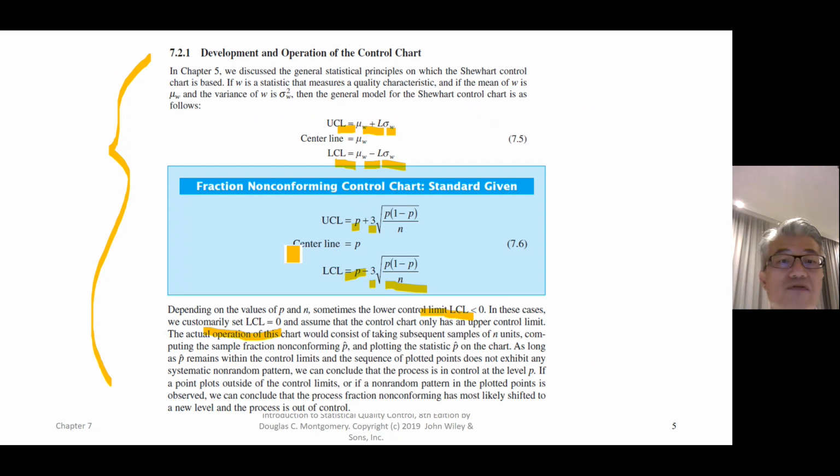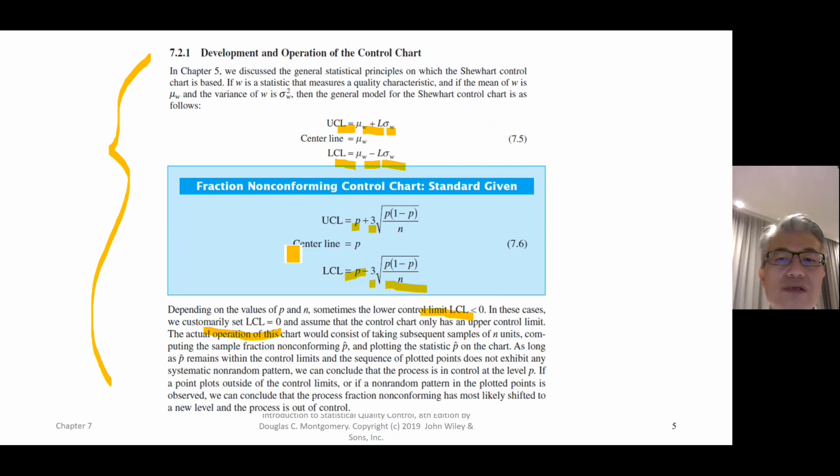We compute the sample fraction non-conforming P hat and plot this statistic on the control chart. As long as P hat remains within the control limits and the sequence of plotted sample points does not exhibit any systematic non-randomness patterns, the process is in control. We also would like to watch for sequentially increasing or continuously decreasing patterns, which we consider another type of non-randomness pattern.